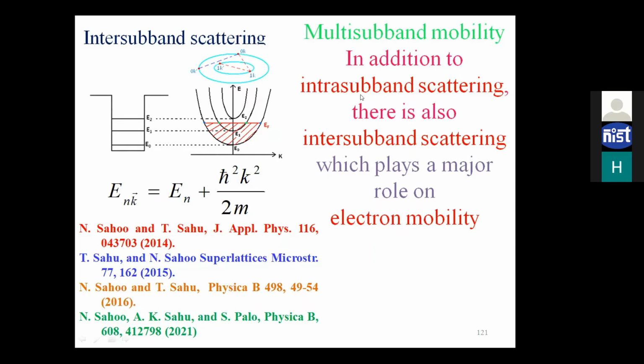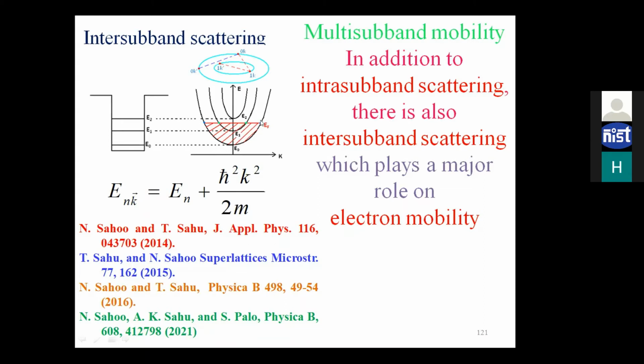This inter-subband scattering is an important parameter which decides the electron mobility. It plays an important role in electron mobility. When multiple subbands are occupied, like E0, E1, E2, there is a chance the electron can move from one subband to another at the Fermi level.